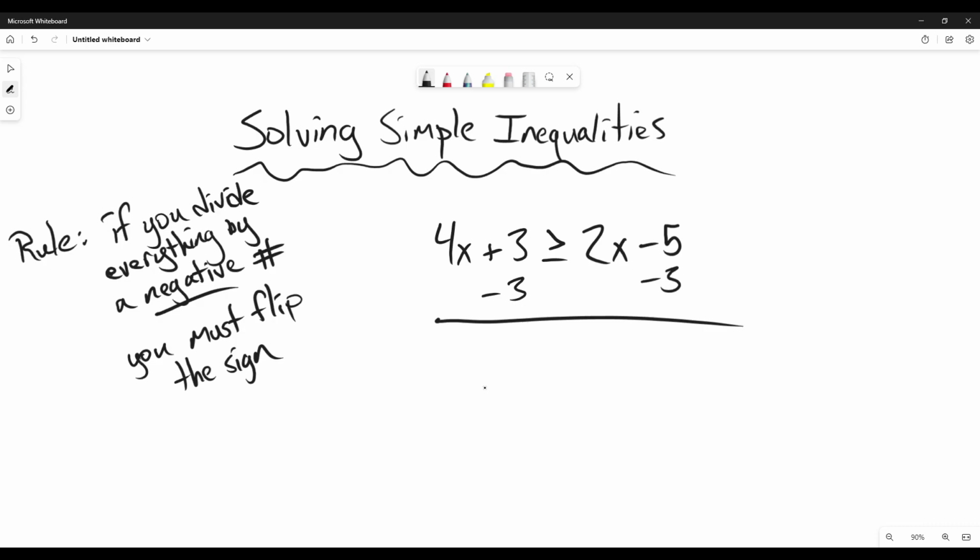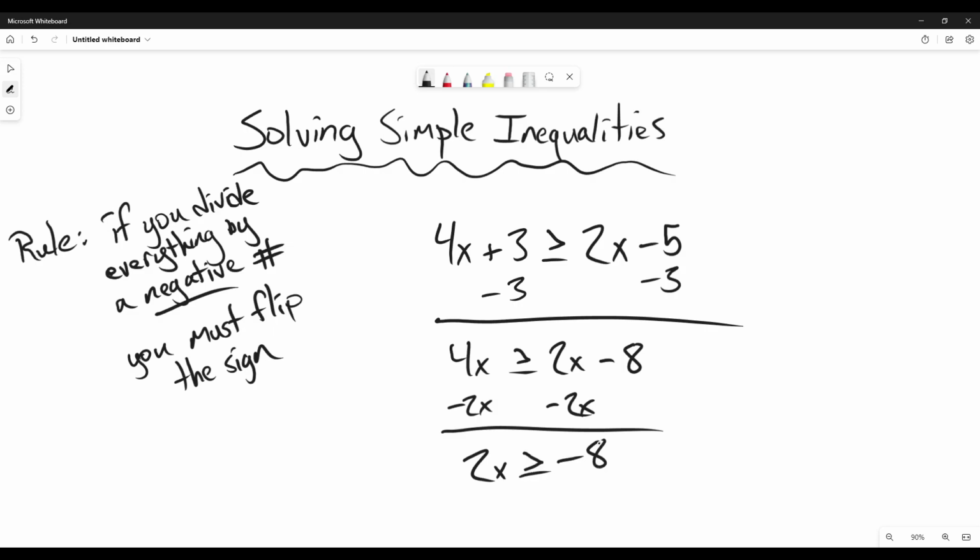Now we're at 4x is greater than or equal to 2x minus 5 minus 3, and negative 5 minus 3 is equal to negative 8. So we have 2x minus 8. And now we subtract both sides by 2x. So we're at 2x is greater than or equal to negative 8.